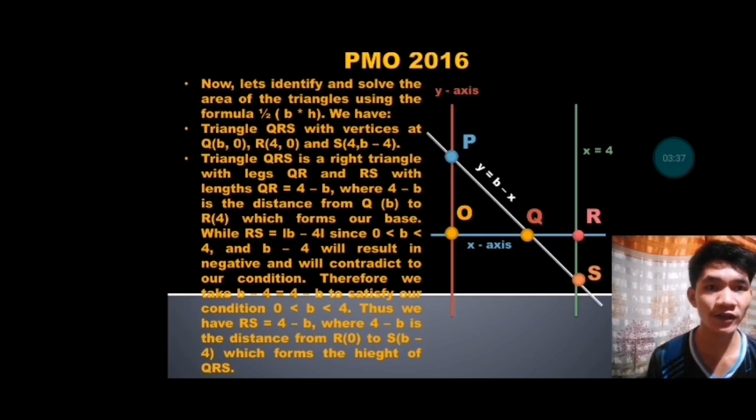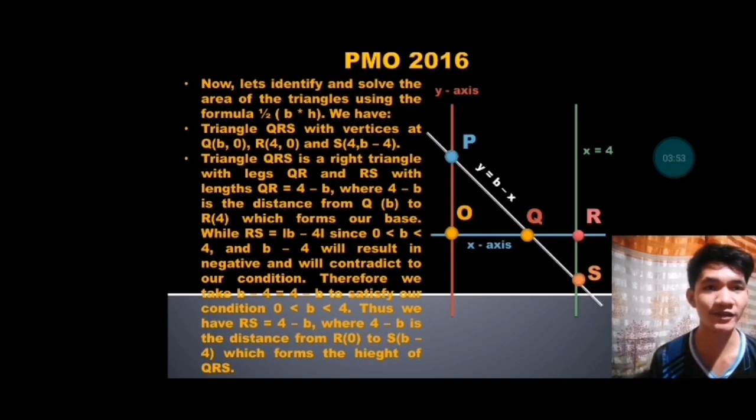Now for the other triangle QRS with vertices Q, R, and S, where Q is at (B, 0), R is at (4, 0), and S is at (4, B minus 4).